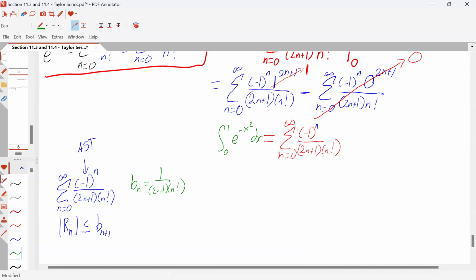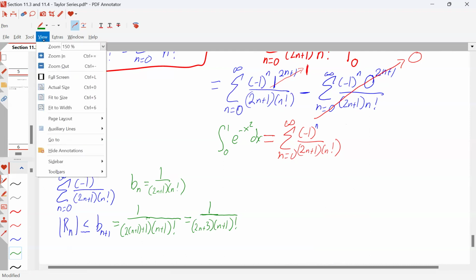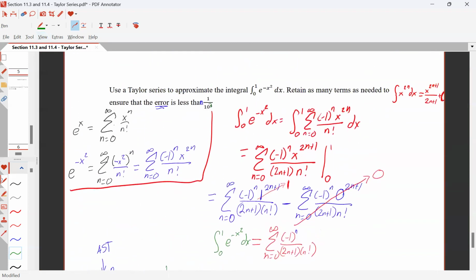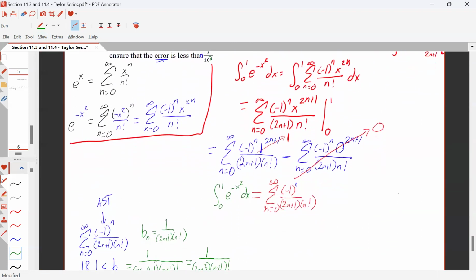So we want our remainder, which is b sub n plus 1. That's going to be 1 over 2n plus 1 times n plus 1 factorial. Simplifying that out, that is 1 over 2n plus 3 times n plus 1 factorial. We want this remainder of our alternating series to be strictly less than 1 over 10 to the third.